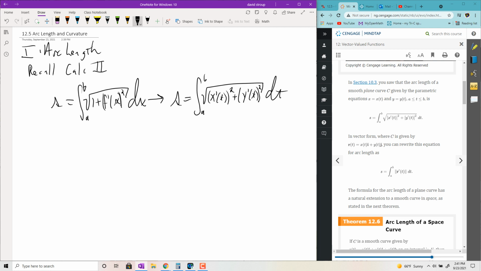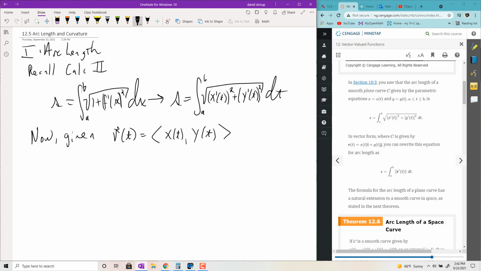This is basically the same formula that you'll use now if you're in Calc 3, because you're given some sort of space curve, and the components are basically just the components of the parametric equation. So let's say I have a plane curve: x of t, comma y of t.